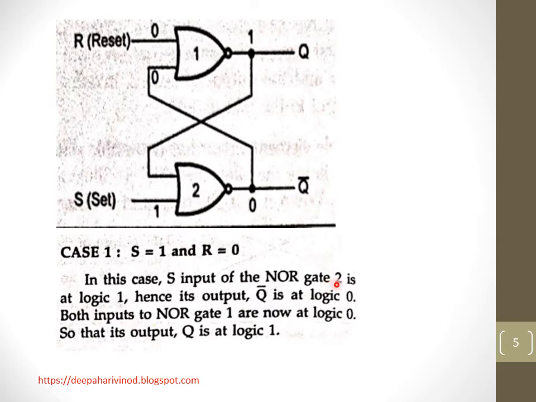NOR gate 2 has a logic 1 input, hence its output Q bar is at logic 0. Both inputs to NOR gate 1 are now at logic 0, so the output Q is at logic 1. According to the truth table of the NOR gate, when the inputs are 0 0 the output becomes 1, and when they are 1 1 it is 0.